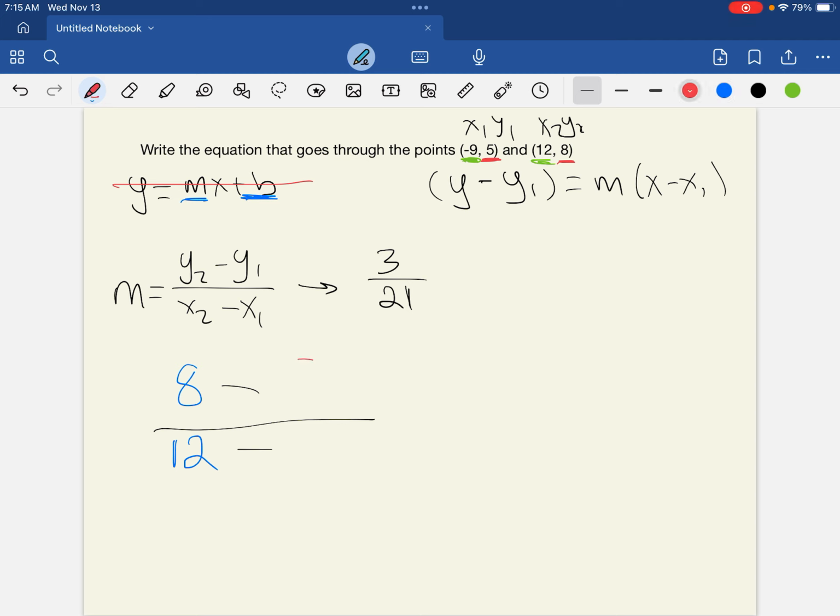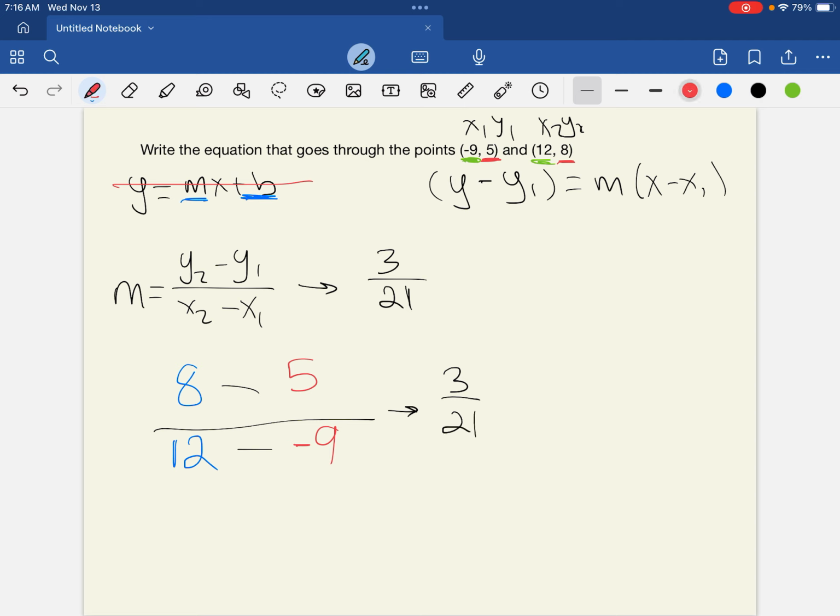And then I would write my y-coordinate for my first point and my x-coordinate for my second point. Notice I've lined these points up vertically. The same points are in the same color. I would do that subtraction and still get 3 over 21.